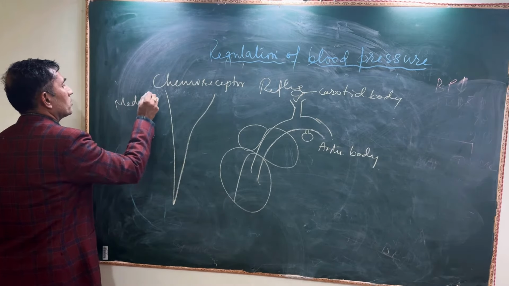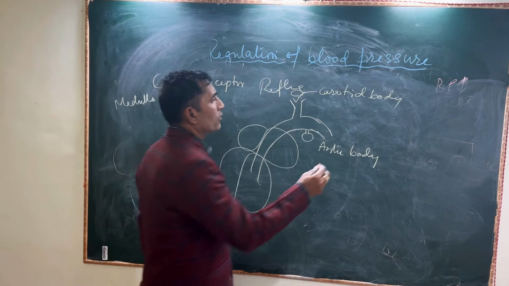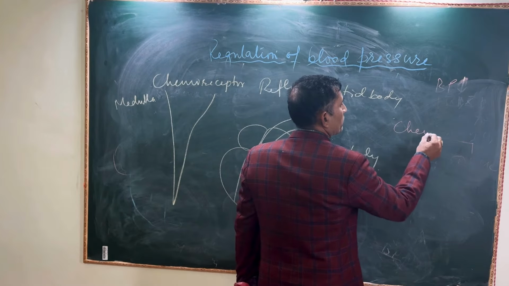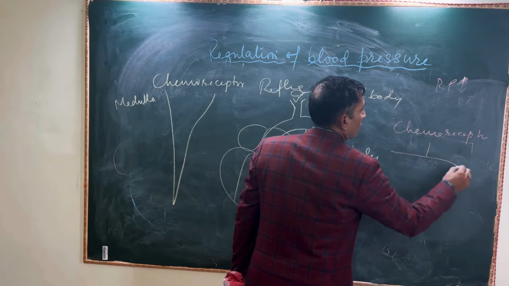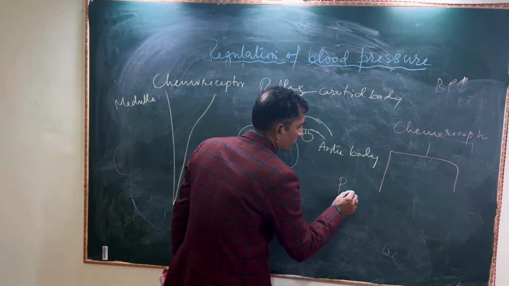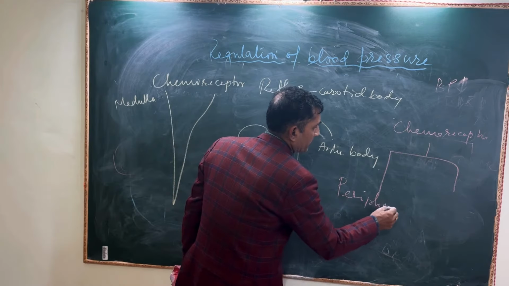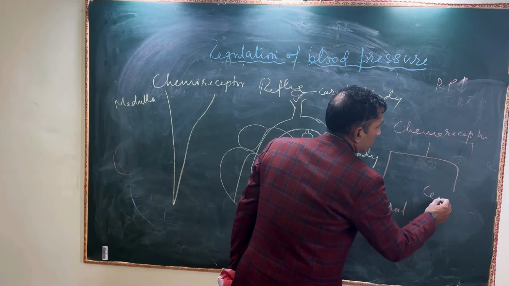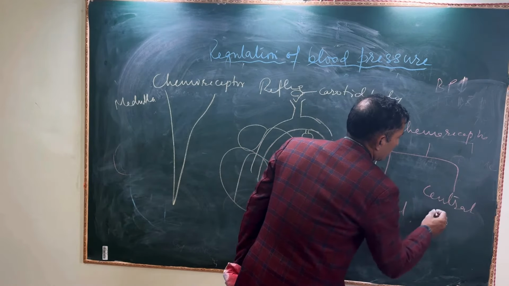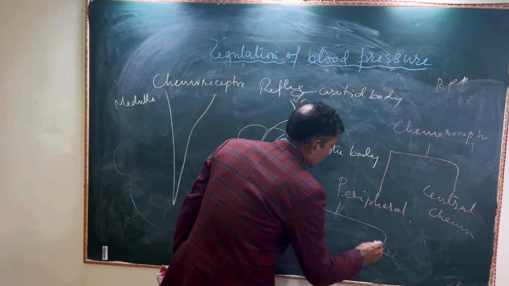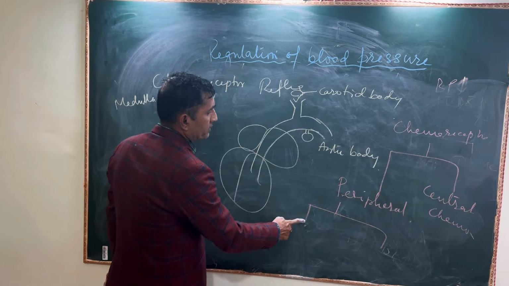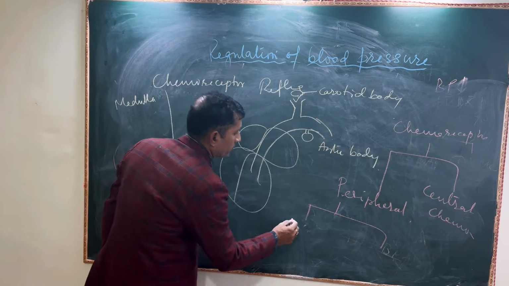If we talk about chemoreceptors, they are of two types. One is peripheral chemoreceptors, and another is central chemoreceptors. The peripheral chemoreceptors are the aortic body and the carotid body.